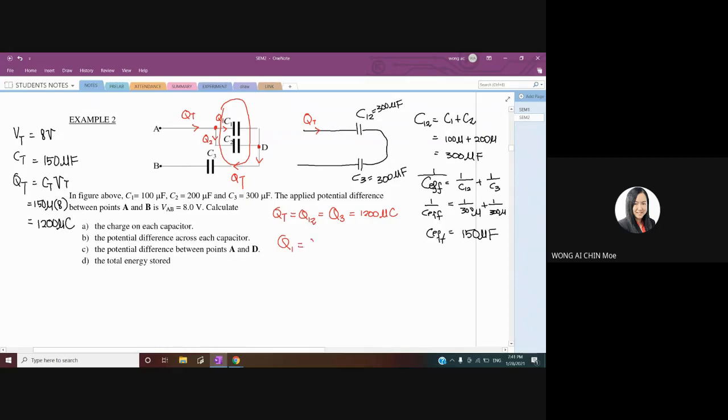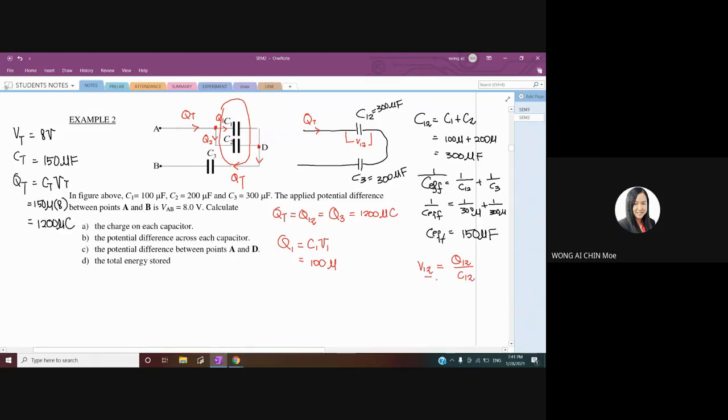If you want to find Q1, you must use Q equals CV, C1 times V1. C1 we have, 100 microfarad, but we don't have V1. But we know that V12 equals V1 and also equals V2. So we must find this value first. I write V12 equals Q12 over C12.